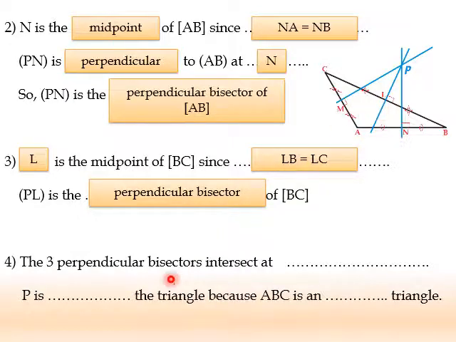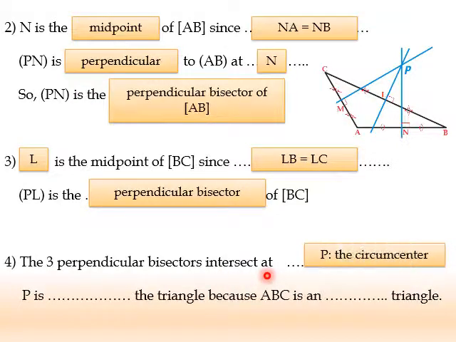Now, the three perpendicular bisectors intersect at point P, which is called the circumcenter. Where's P? Is it inside the triangle or outside the triangle? According to the figure, P is completely outside the triangle.